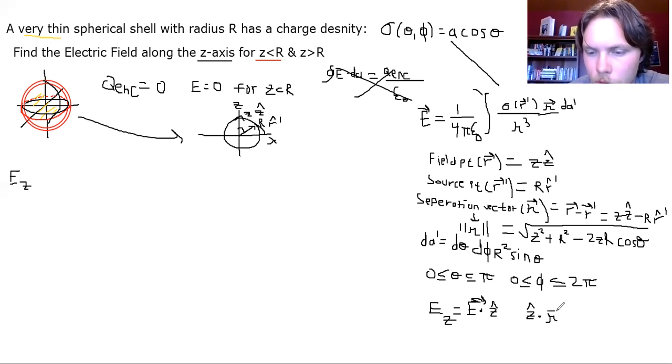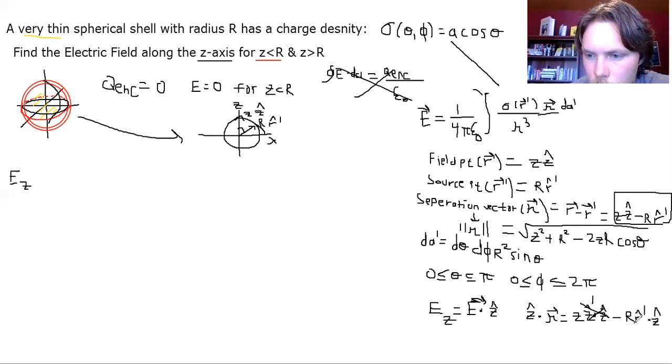So z hat dotted with the separation vector is, given that our separation vector is this over here, z hat dotted with z hat minus r hat prime dotted with z hat.